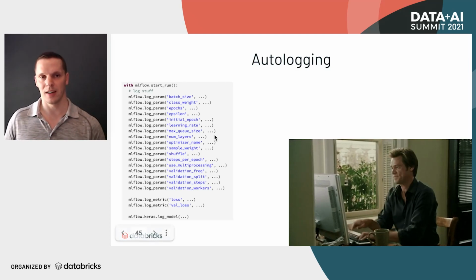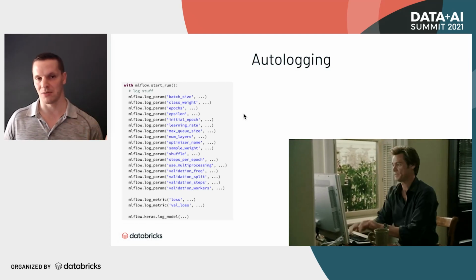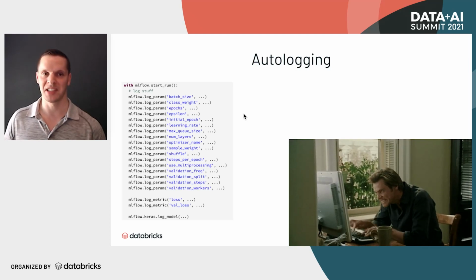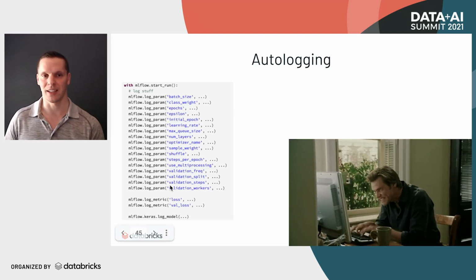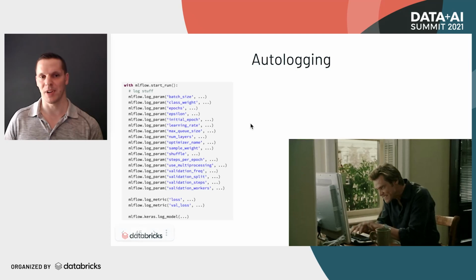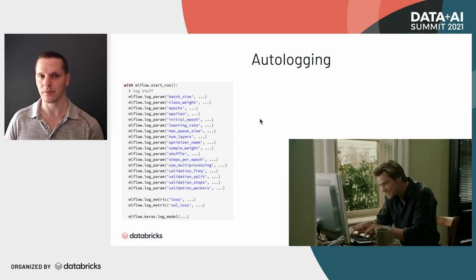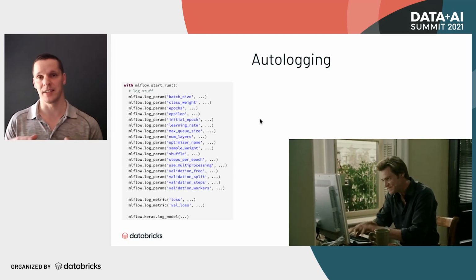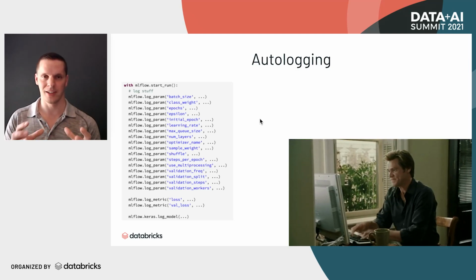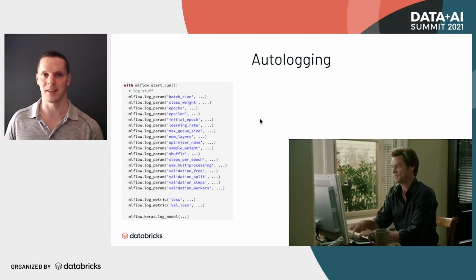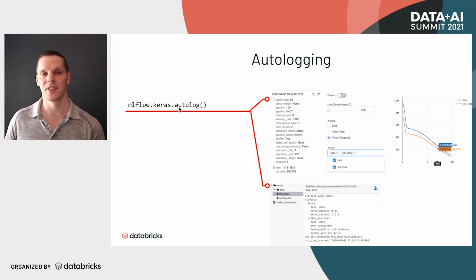What you often look at when you look at tracking your parameters and metrics in your machine learning framework is code like this, that logs all of the parameters and metrics in the model artifact itself. Of course, we can simplify this because this code starts looking awfully similar for all of the different models that are being trained. So we've introduced autologging, which provides an autolog API for all of the popular ML frameworks that takes care of all of this work for you.